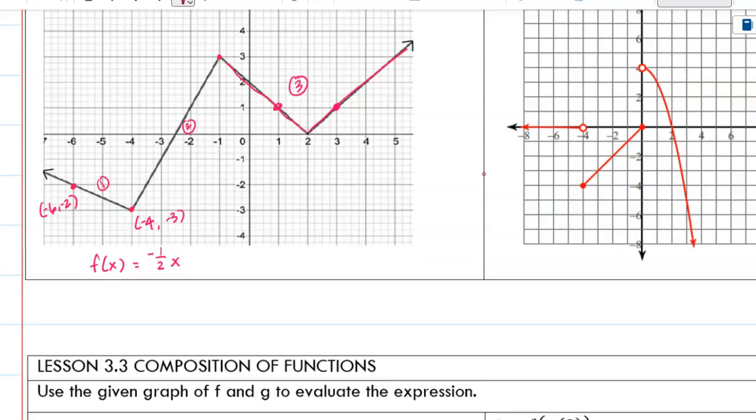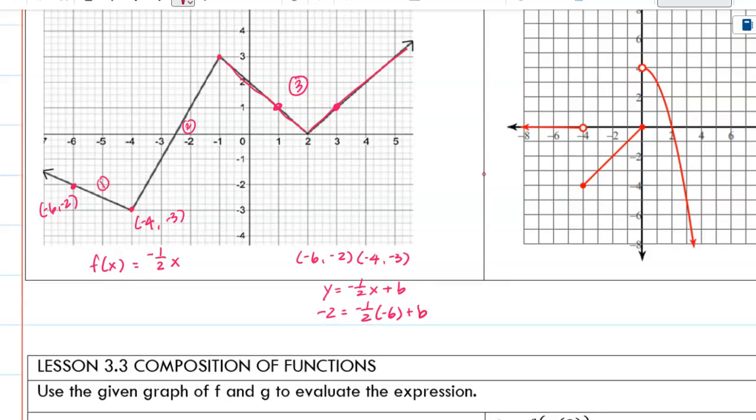And to figure out the y-intercept, I can take those 2 points. And so I'm going to use y equals -1/2 x plus b. Find my b. -2 equals -1/2, -6 plus b.